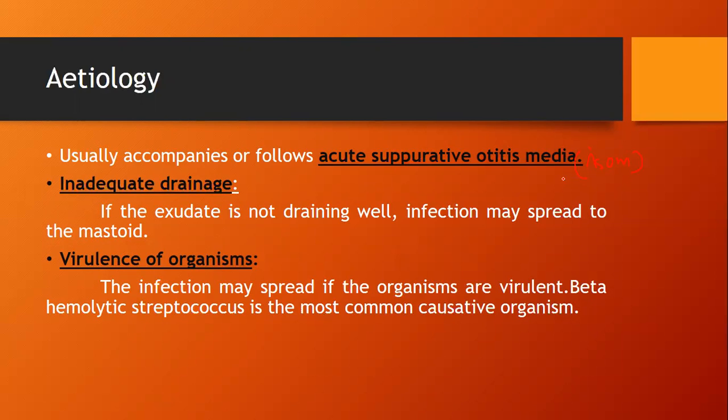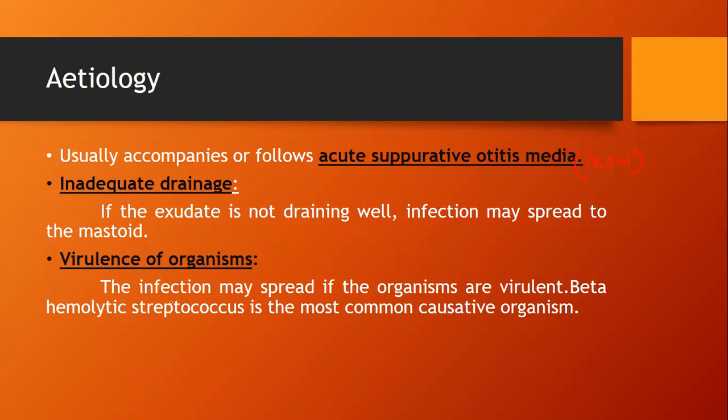It can affect the mastoid in the later stage. Inadequate drainage: if the exudate is not draining well, infection may spread to the mastoid. The pus can exert pressure over the mastoid, leading to mastoiditis.